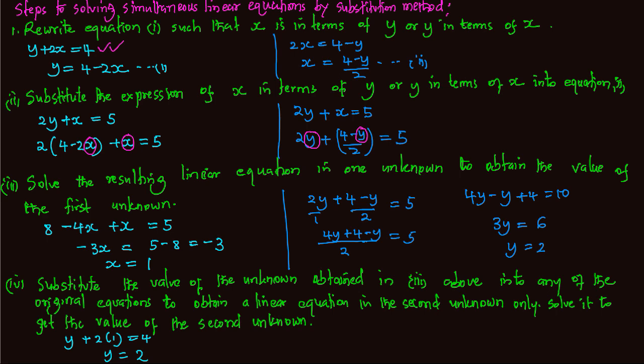In the second instance, where we first obtained the value of y, we substitute it into the same equation marked with the pink ticks. So we'll have 2 plus 2x is equal to 4. 2x is equal to 2, and therefore x is equal to 1.